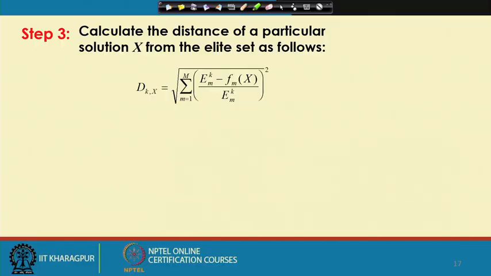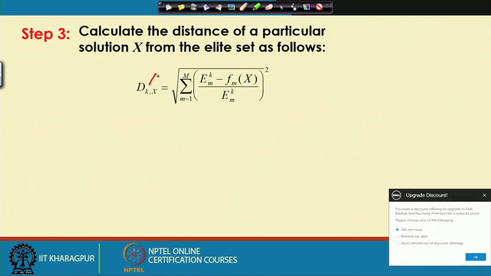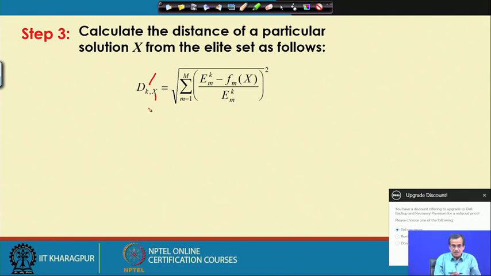Now, what we do is we try to find out the Euclidean distance between the kth solution lying in the non-dominated bin and the new solution, that is capital X, using this particular formula, that is square root of summation small m equals 1 to capital M, (E_mk minus f_m(x)) divided by E_mk, squared.